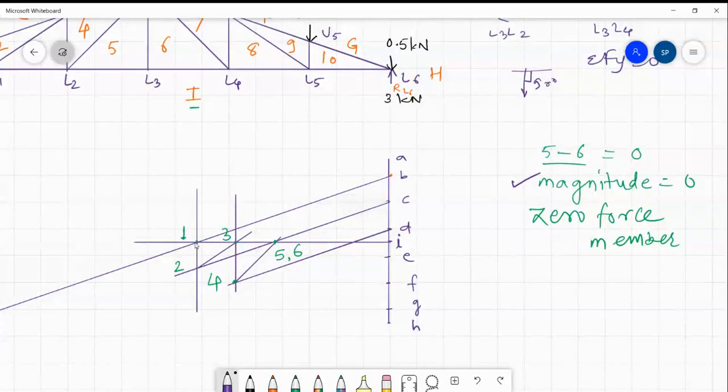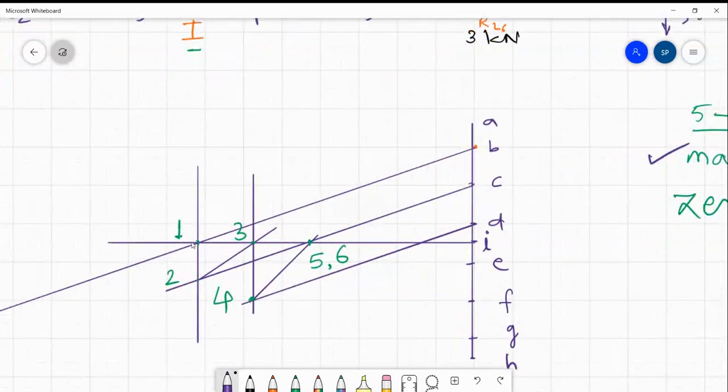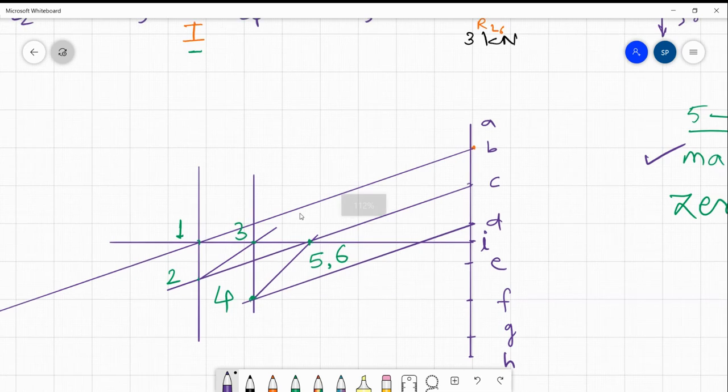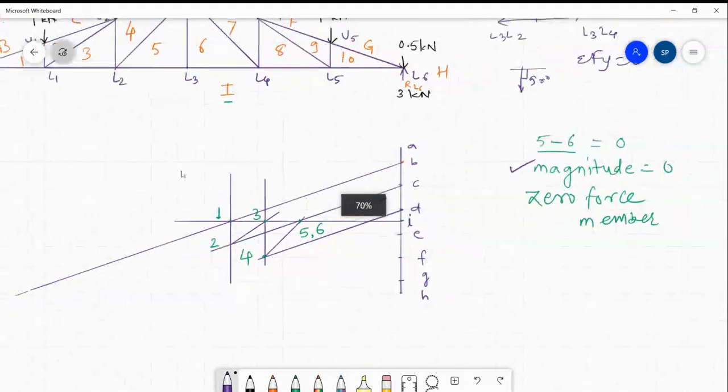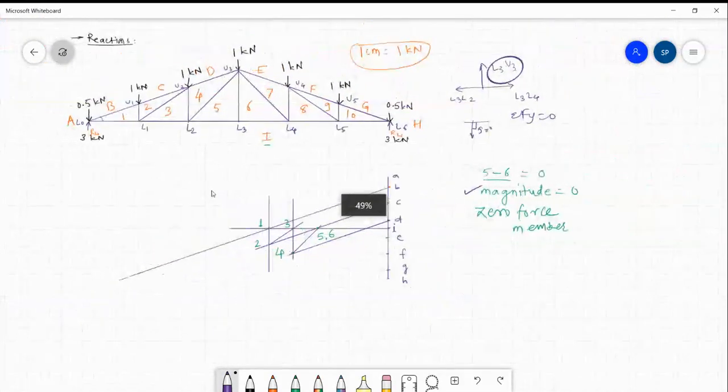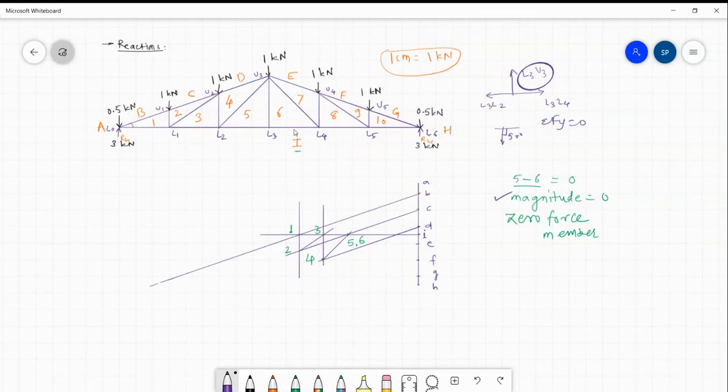Now if you have to find out member forces here, you will have to measure these distances: 1 to 2, 2 to 3, 3 to 4, 4 to 5, then D to 4, C to 2, then A to 1. If you measure all these distances according to this Bose notation diagram, then you will get the unknown member forces.